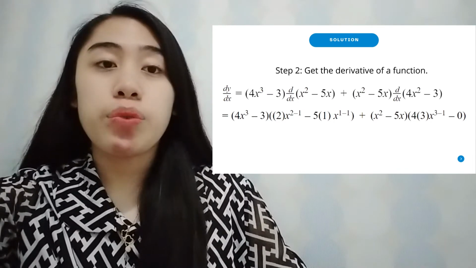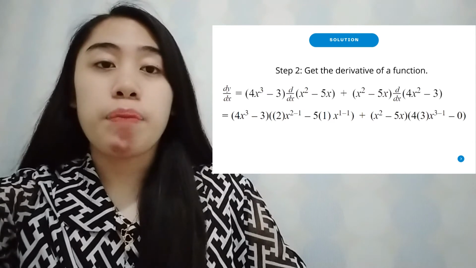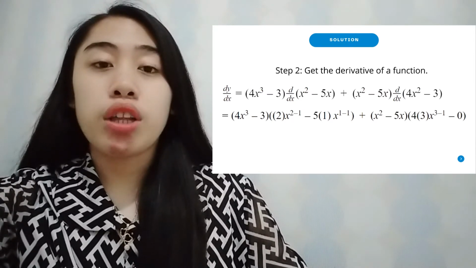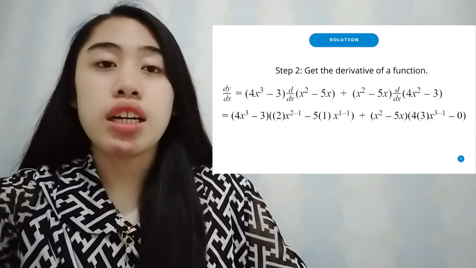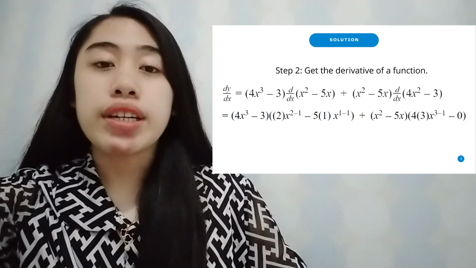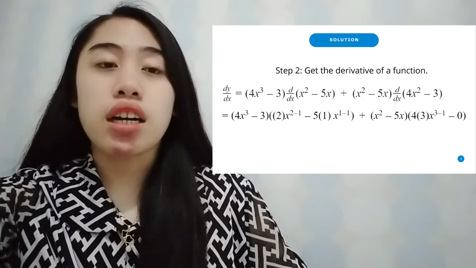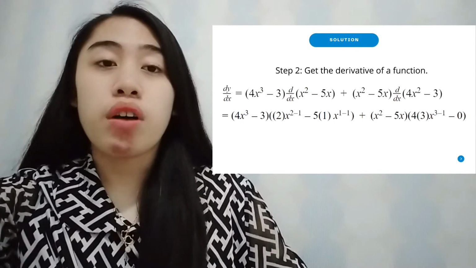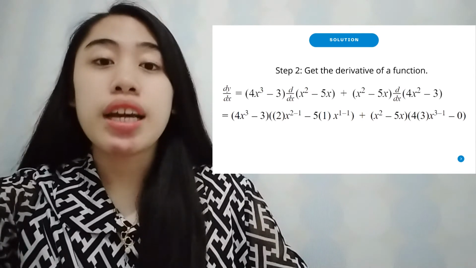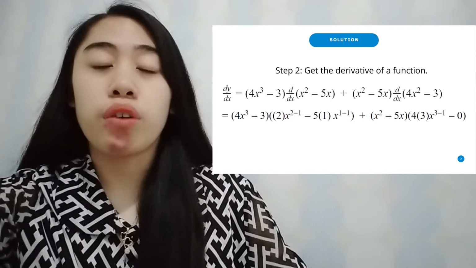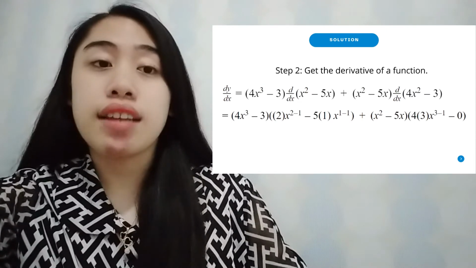And we continue with the third term, which is to copy v, and the fourth and last term. We will once again follow the power rule of differentiation, so it will become 4 times 3x to the power of 3 minus 1, minus 3, and since 3 is a constant, and the derivative of a constant is equal to 0, it will now be 4 times 3x to the power of 3 minus 1 minus 0.